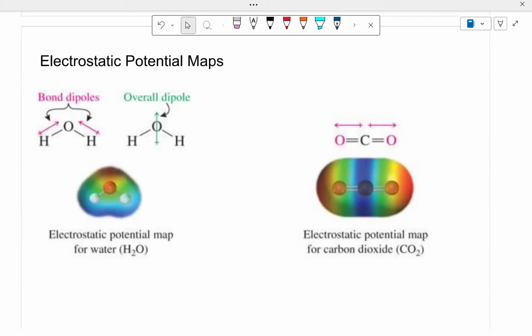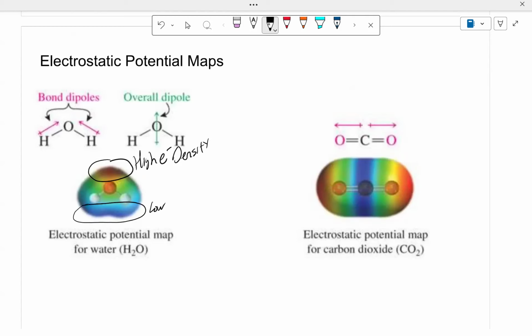Here, for example, we're using water. The brighter the color, going from orange to reddish, the higher the electron density. And the cooler the color, going from green to blue, indicates a region of low electron density.